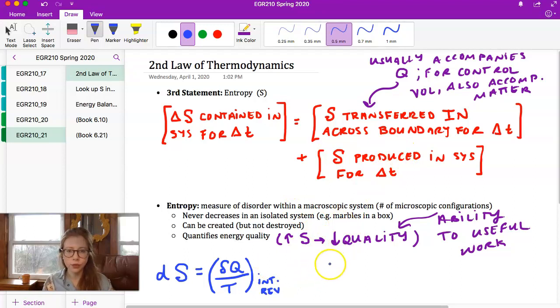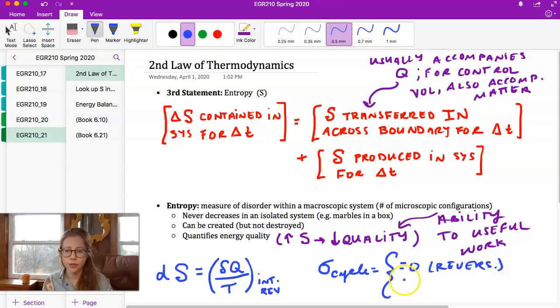So remember that sigma cycle is 0 if it's reversible. It's greater than 0 if it's irreversible.